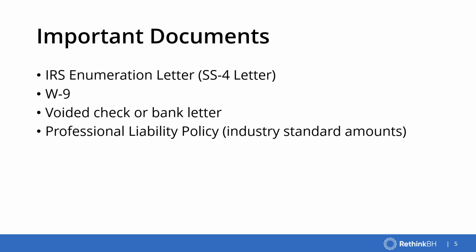Having a voided check or bank letter is important. These are most commonly collected, again, by state Medicaid programs, but you may need them after becoming in network with commercial payers too, to set up your EFTs, which will enable you to receive electronic payments from the insurance companies that will go directly into your business bank account.